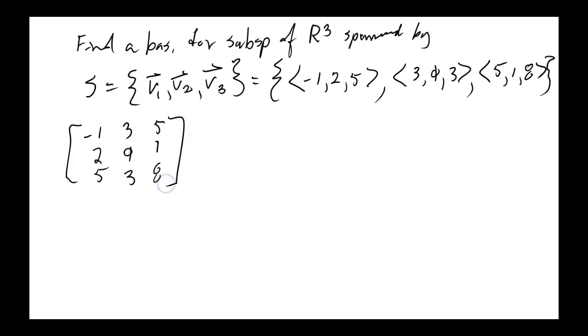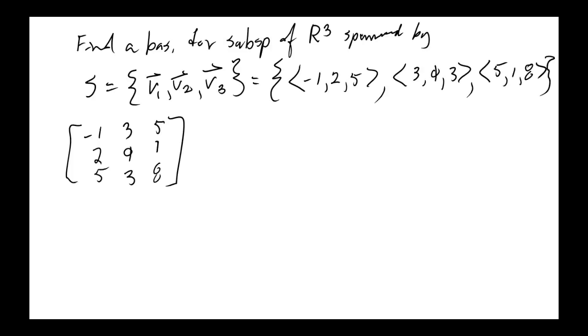Now, how that comes about, you do C1 times that one, C2 times that one, C3 times that one, and then you want that to equal the zero vector, and you want to see if that's linearly independent or dependent. So when you do that, that sets it up this way. You're going to do 3 steps at once here.